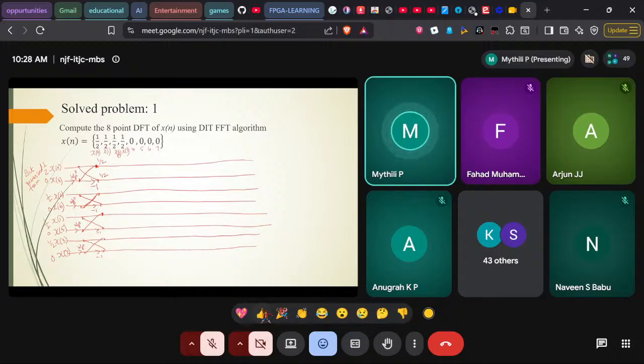So same thing you can do here. Half plus 0, half. Half minus 0 is half. Half plus 0 is half. Why there is only addition and subtraction? Because W8 of 0 is 1. W8 of 0, the value 1 ആണ്. So if you see, all the values are half. Clear alle?